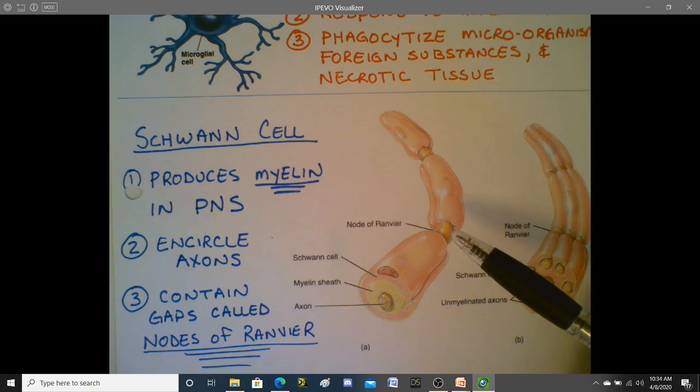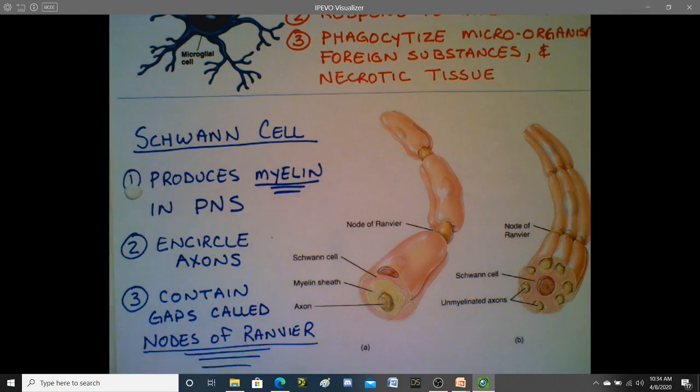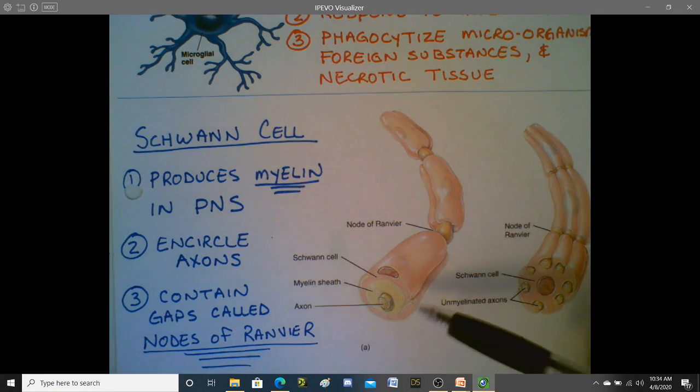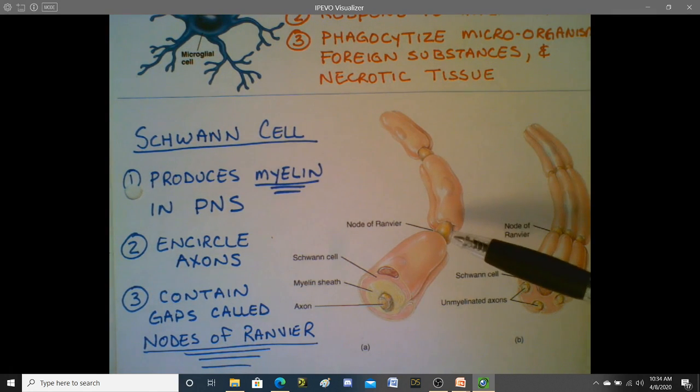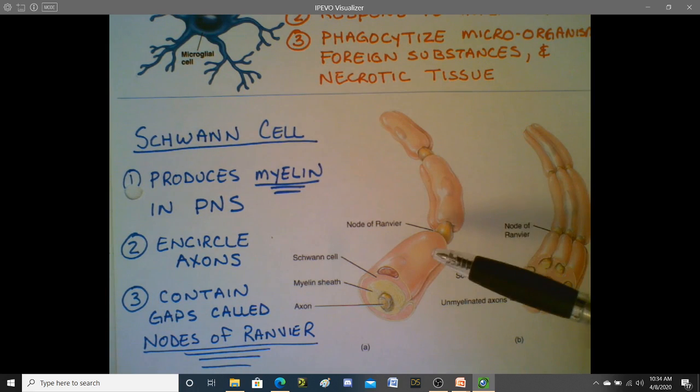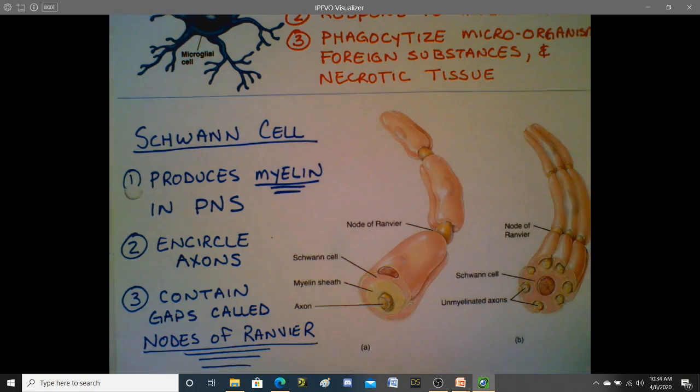So what we end up with are these gaps called the nodes of Ranvier. Think of it as like you have a 12-foot long hot dog. That's the axon. So you have 12 feet of hot dog, a continuous hot dog. And then you only have regular size hot dog buns. So you're putting regular size hot dog buns on this really long hot dog. Well, there's going to be a space in between each bun. That is called the nodes of Ranvier.